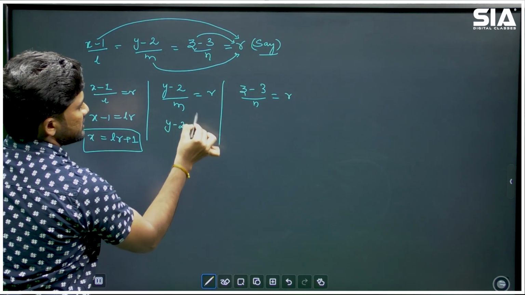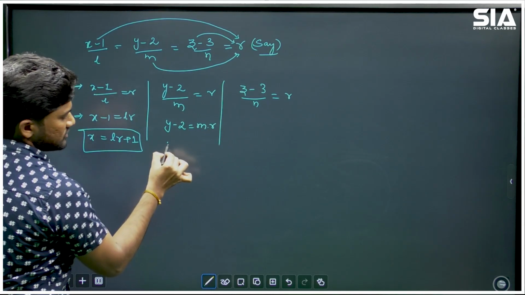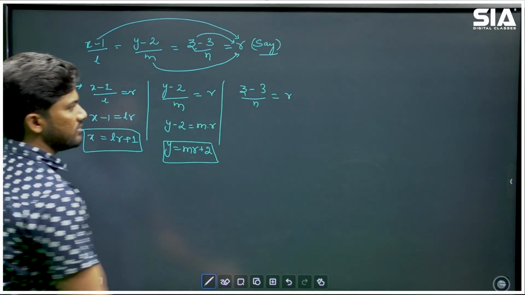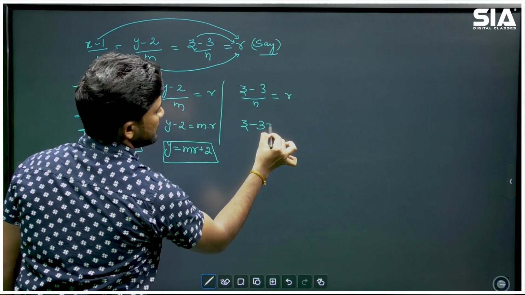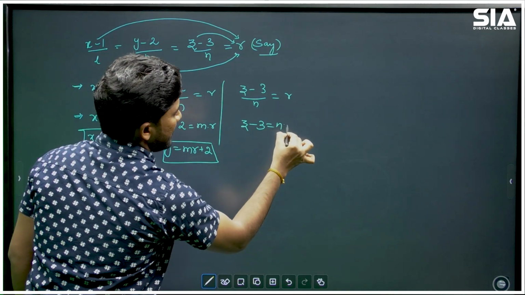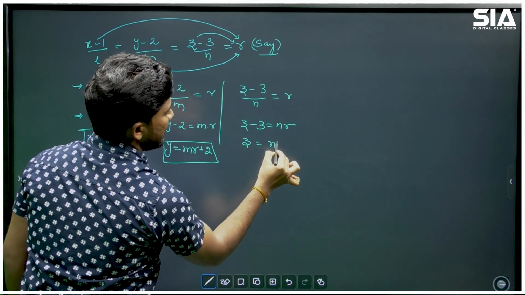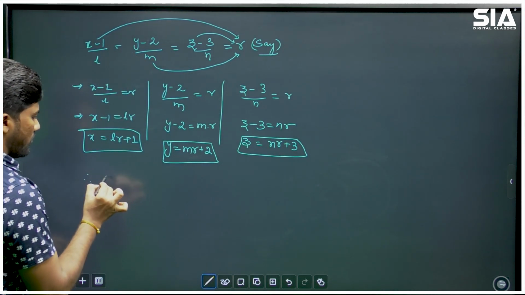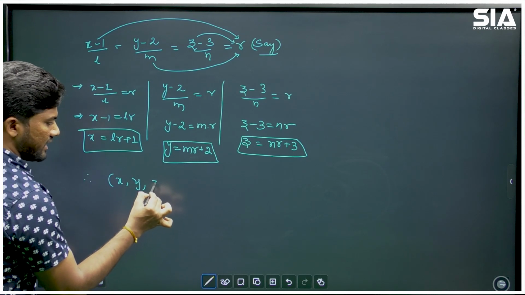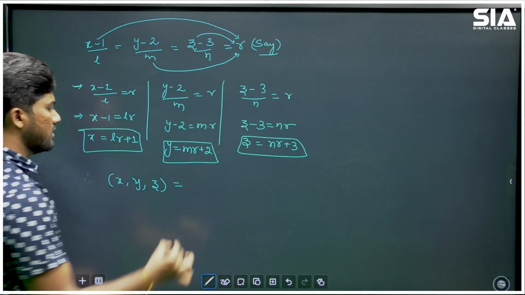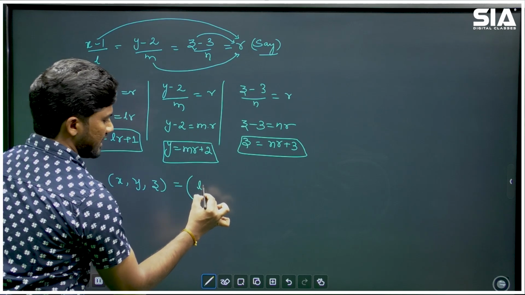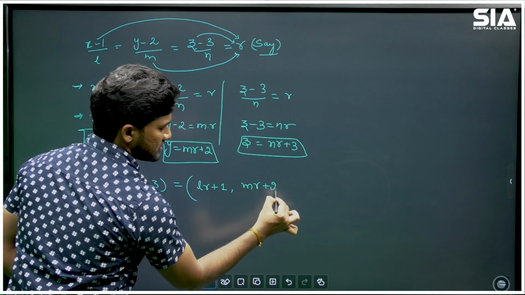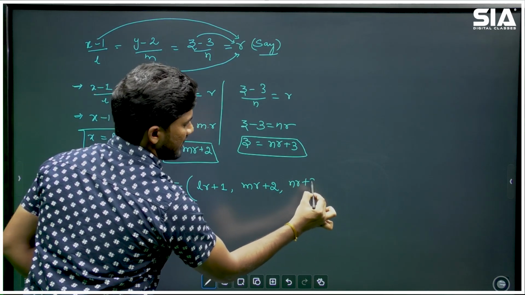Similarly, y minus 2 = mr, so y = mr + 2. Similarly, z minus 3 = nr, so z = nr + 3. Therefore the point (x, y, z) is (lr + 1, mr + 2, nr + 3).